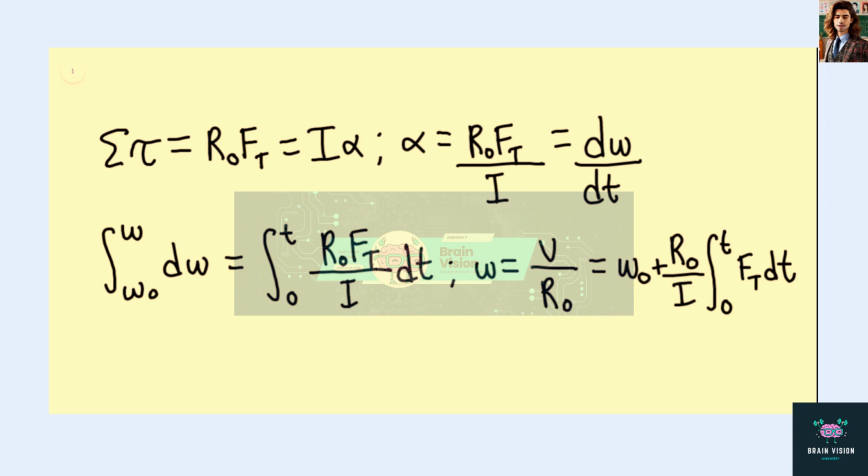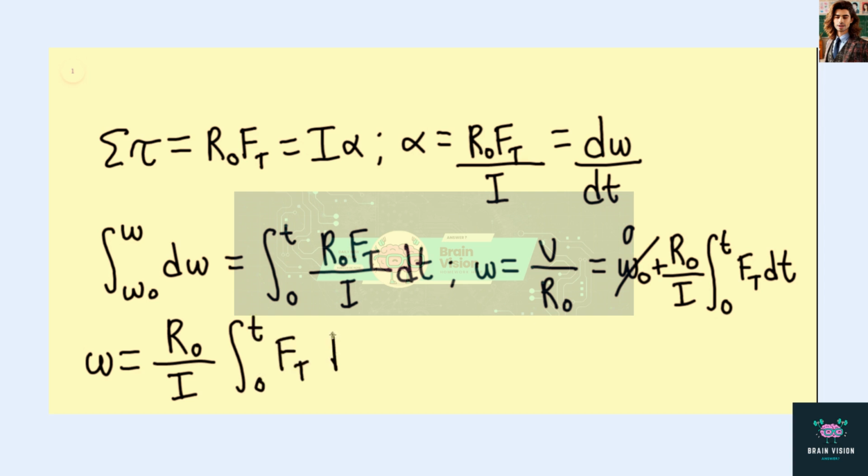So we can say that the initial angular velocity is 0, so we can eliminate that, and the angular velocity would equal the radius divided by the moment of inertia multiplied by the integral from 0 to t of the force tension dt.